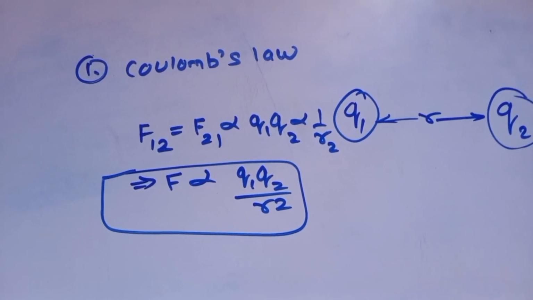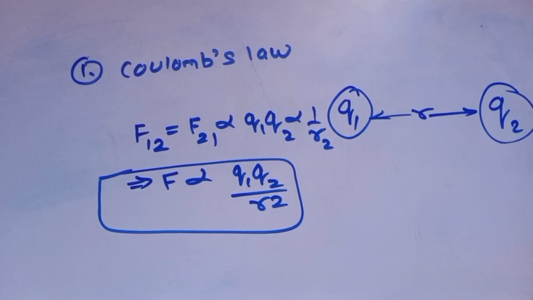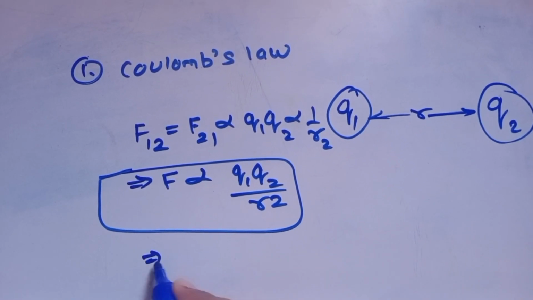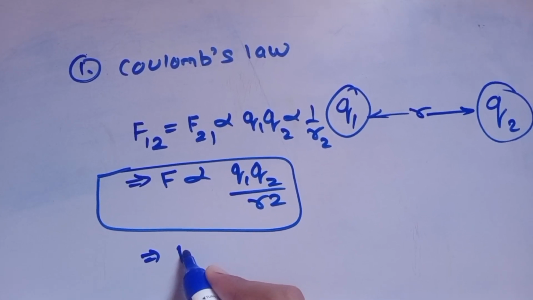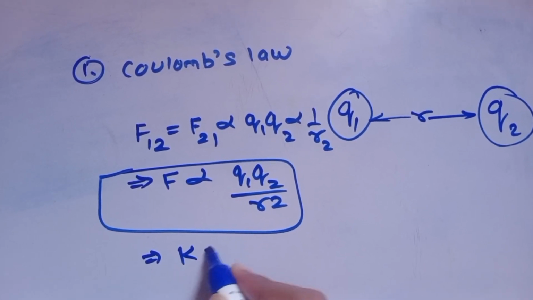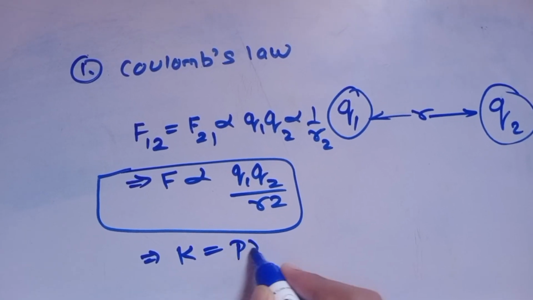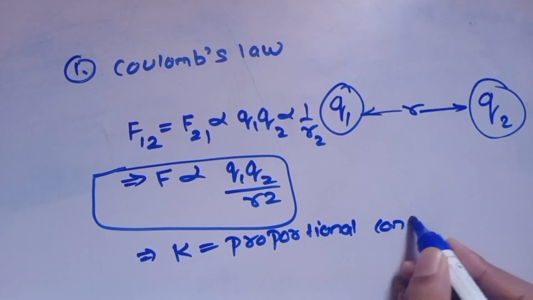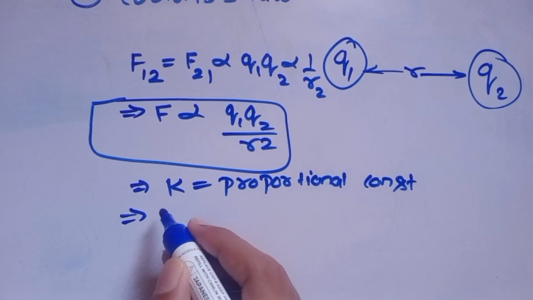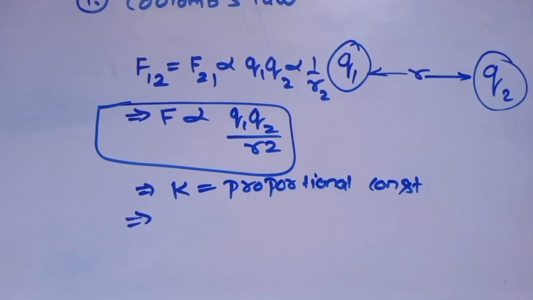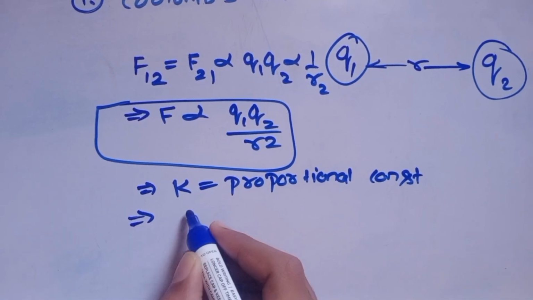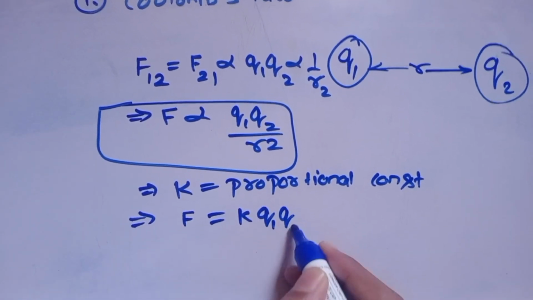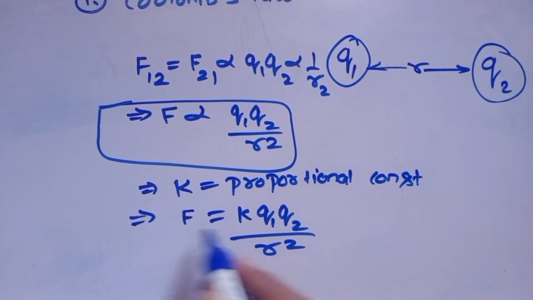They found a constant, a proportional constant, which is represented by K. K is the proportional constant, and then force equals K Q1 Q2 divided by R square.